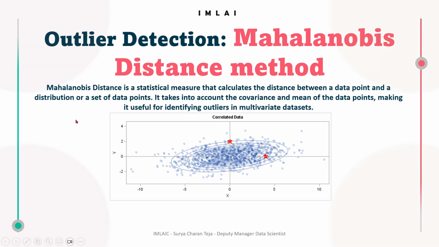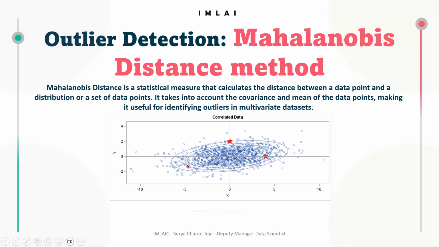So how many parameters is it considering? Mahalanobis distance measures how far a data point, let's take this data point, deviates from the mean of a data set, taking into consideration one, correlation between these two variables, and also variance and also covariance between these two variables.